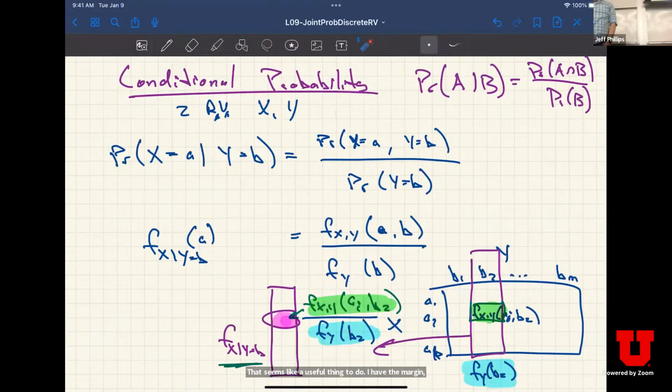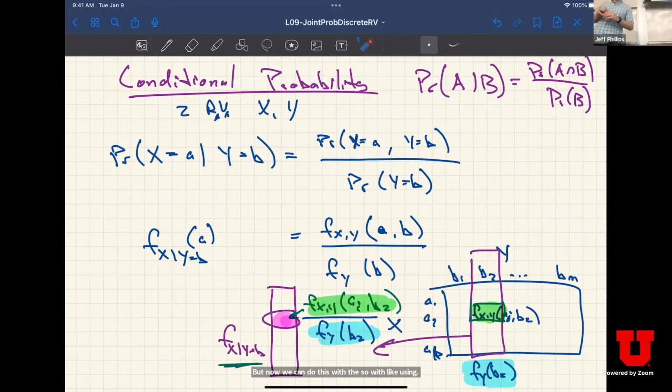The fraction of the joint probability over the marginal probability gives me the conditional probability. Calculating those is the same way as calculating the individual events before. That's the same thing we did up here with the events appropriately defined. But now we can do this with these discrete PDFs.